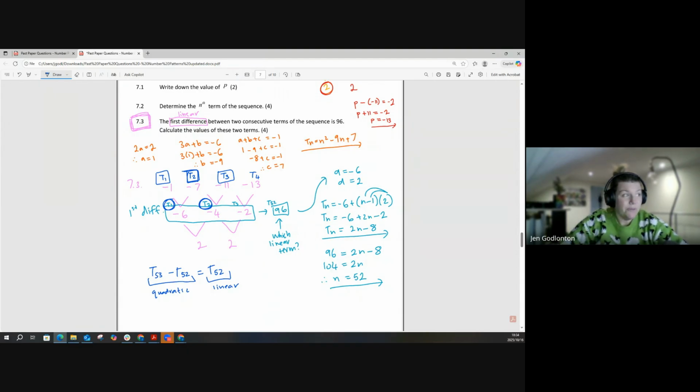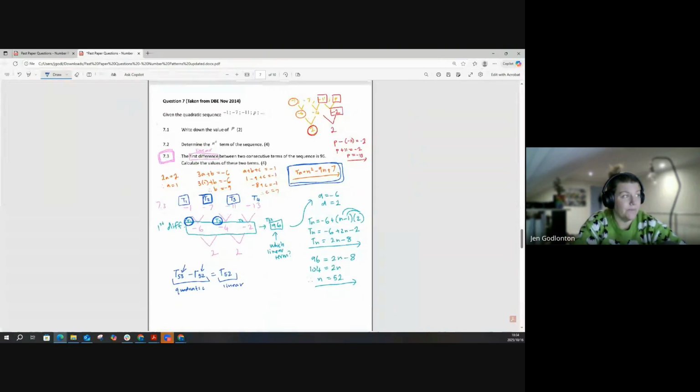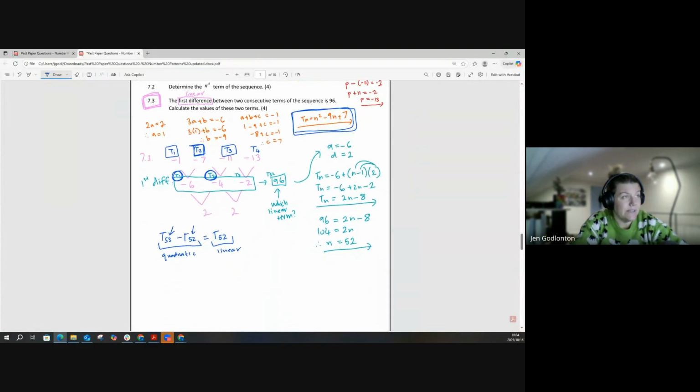Now we've already got our formula. We worked out Tn equals n squared minus 9n plus 7. So now all we have to do is substitute in our 53 and our 52, and we're good to go. Therefore, term 52 is equal to 52 squared minus 9 times 52 plus 7, which gives us 2243.